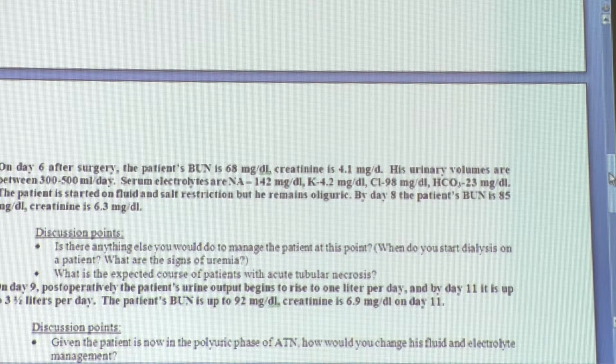It's different for everyone. I've seen patients with BUN of 170 talking to me, and I've seen patients with very acute rises in the BUN being very altered. So that's why you can't really send these patients out, because his creatinine is still uptrending, his BUN is still uptrending, his urine output is not the greatest. He's not completely anuric, he's oliguric, but it's not the greatest to send him out.